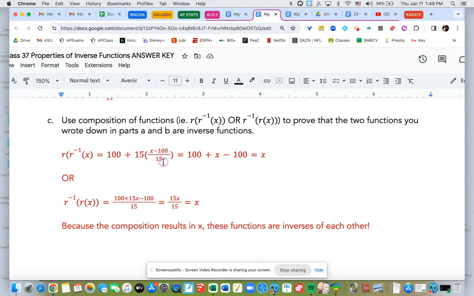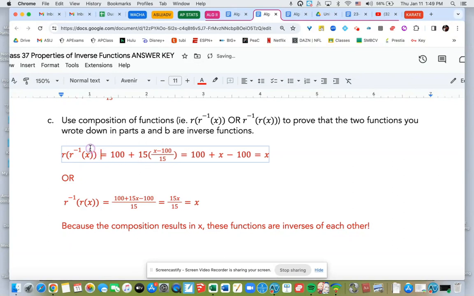So what you have to do is take one of those functions, and we're going to take the inverse and stick it inside the original.